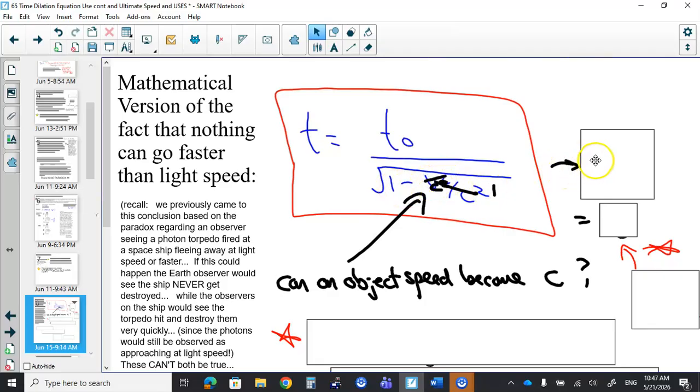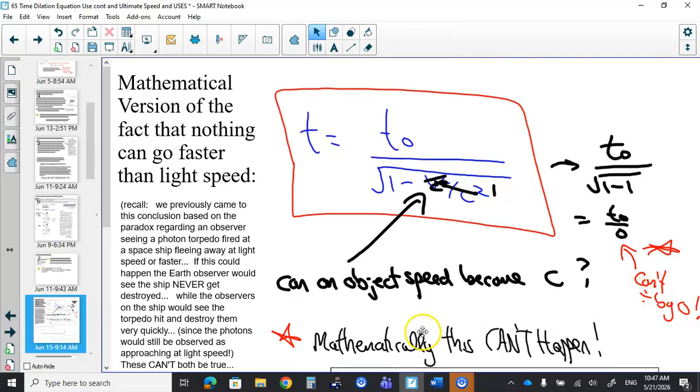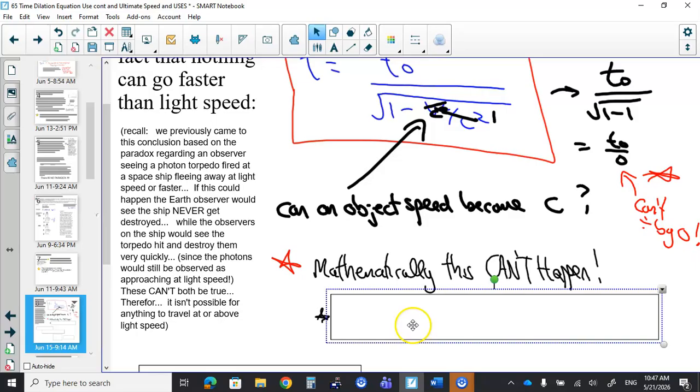So we'd have root of 1 take away 1, which would mean root of 0, which would be 0. That would mean mathematically, if something managed to go light speed, the time dilation equation would lead to a divide by 0, and you can't divide by 0, and so you can't go light speed.